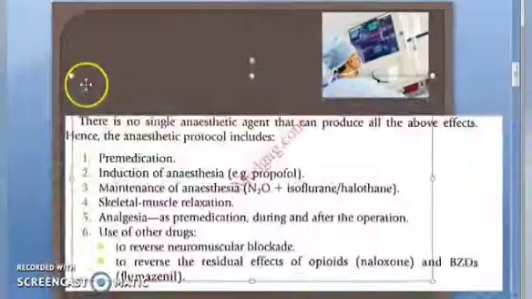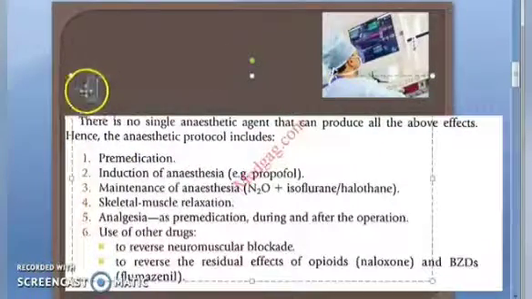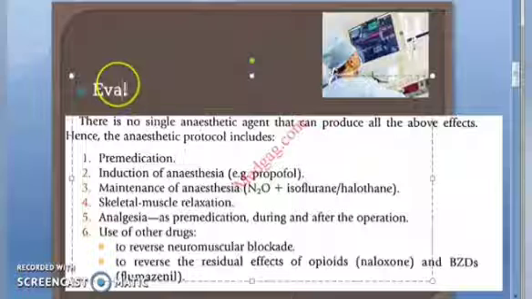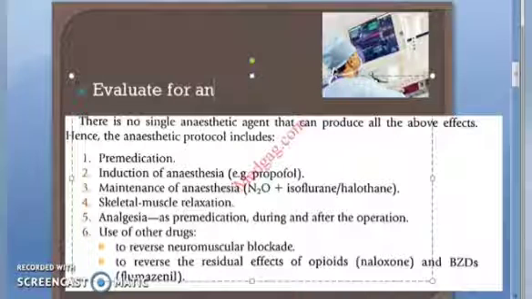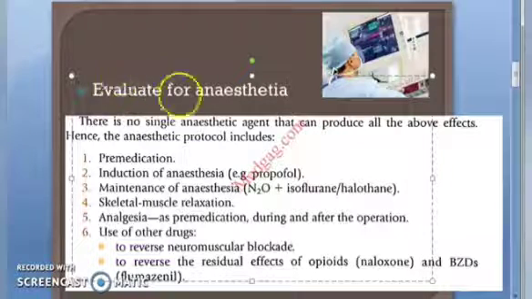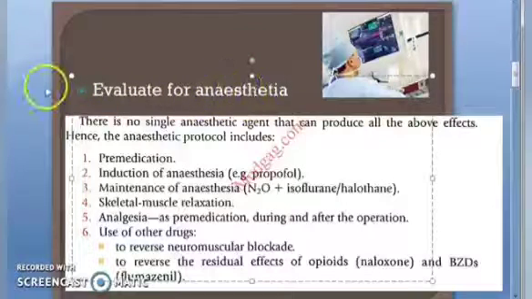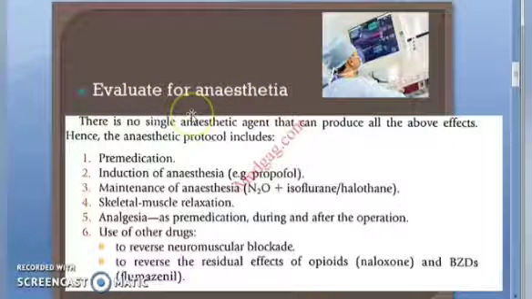All that has not been written here. Actually, they will evaluate the person for surgery. Evaluate for anesthesia. Look at the spelling. Anesthesia. You can skip the extra A if you want, okay? So first they will evaluate.